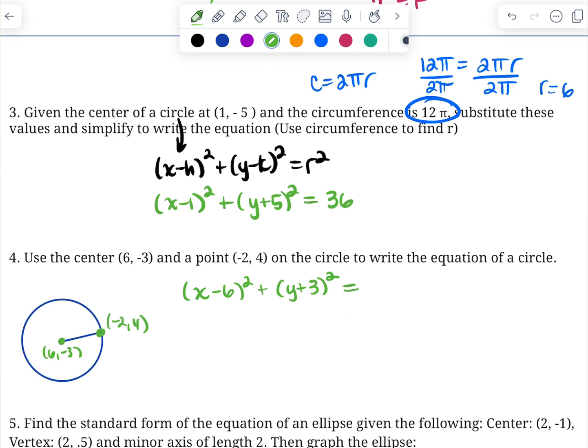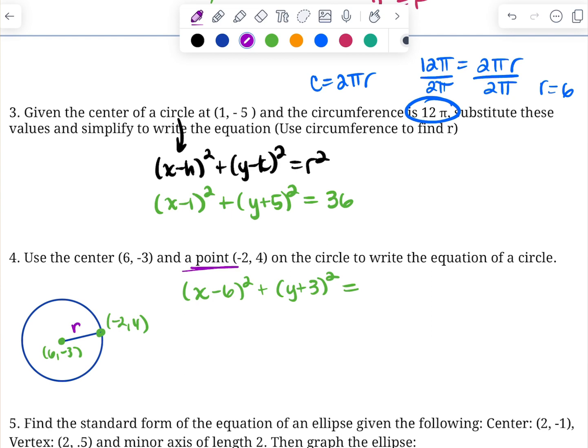Now, I recognize that there is no way I drew those in the right orientation, guys. That's really not what this is about. That's about me just showing you the fact that if you know the center and you know a point on the circle, the distance we're going to be finding is going to be the radius.